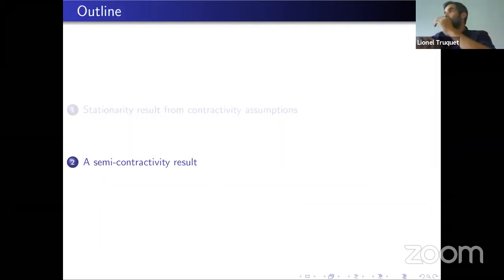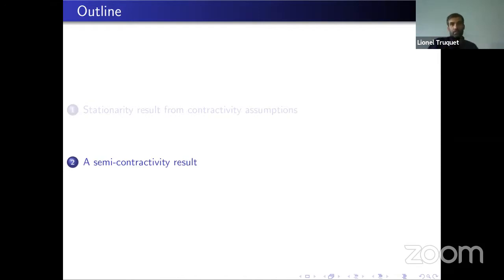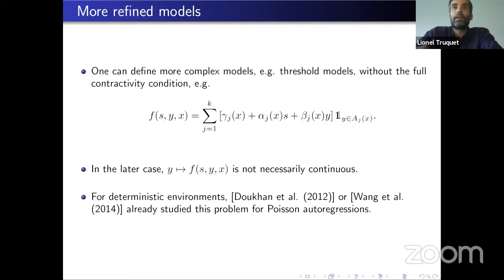Okay, so this is the first result that we can obtain, which already gives some possibility to define some models. Now I will present another result, which is based on semi-contractivity. Here I will try to investigate more general structures for this observation-driven model in random environments. To define some complex models, I now want to consider models for which we can put some thresholds, on the covariates but also on the past values of the outcome, meaning that we want a general thresholding autoregressive model.